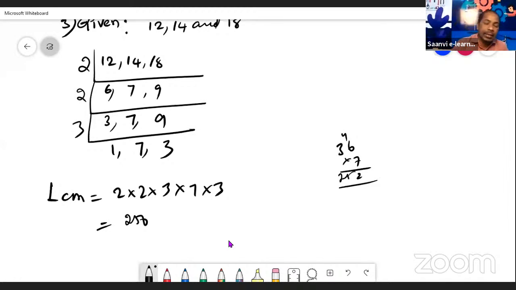So the LCM of the given numbers is 252. Okay, children, this is the LCM, 252.